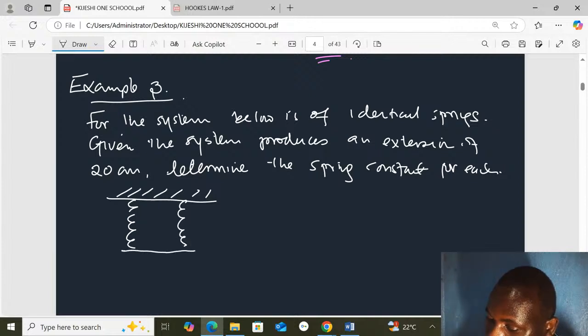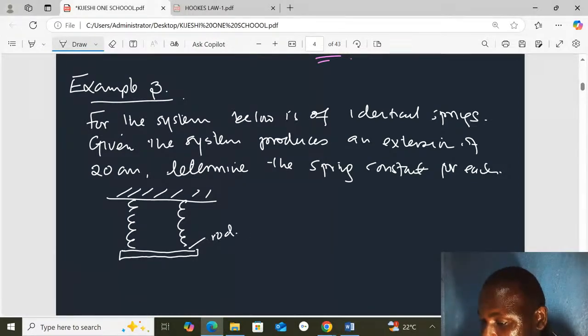These are two springs. We are having a rod here. This one is of 20 newtons. Then we have a third spring, and it is anchored on 20 newtons.